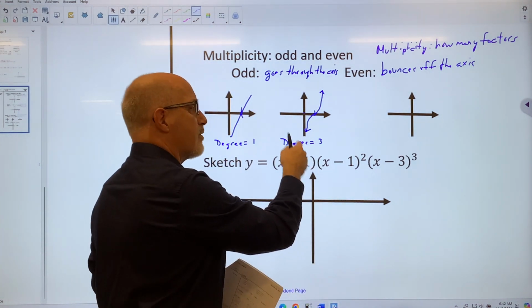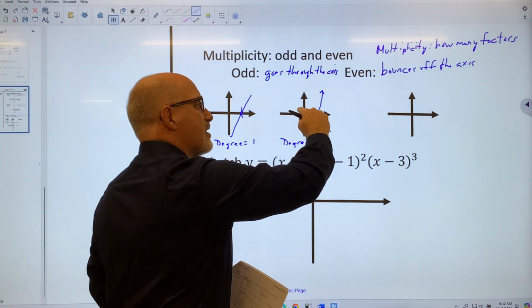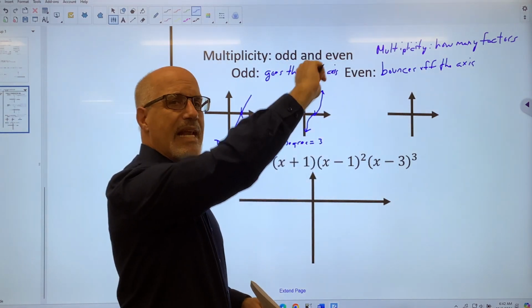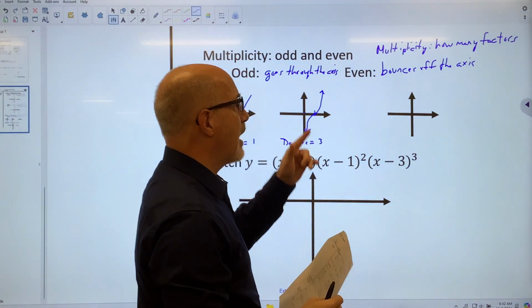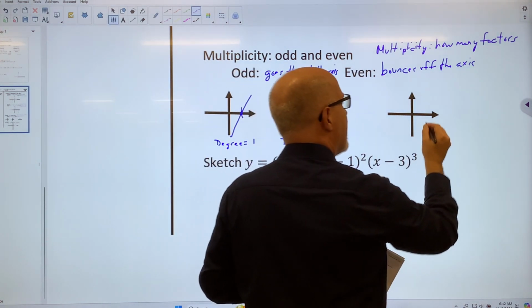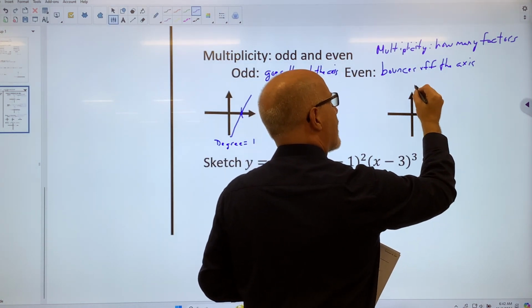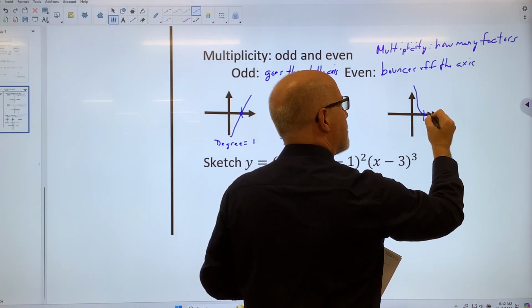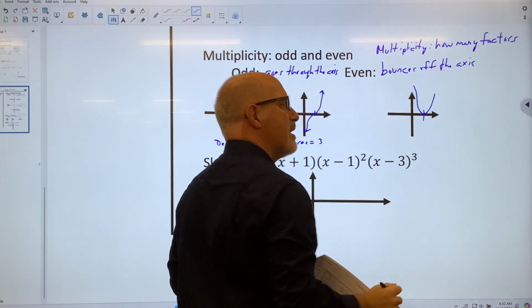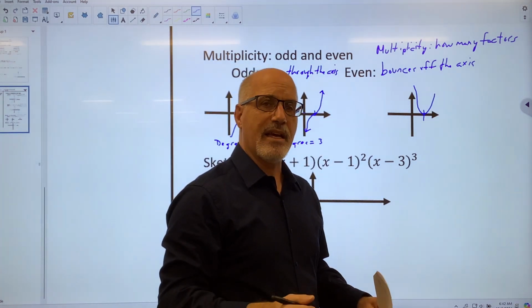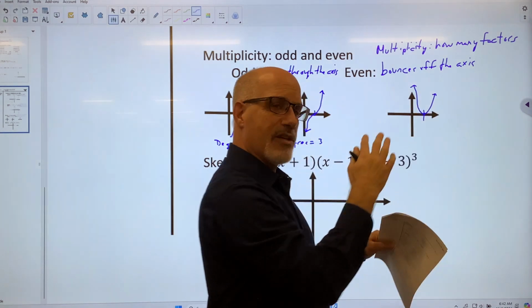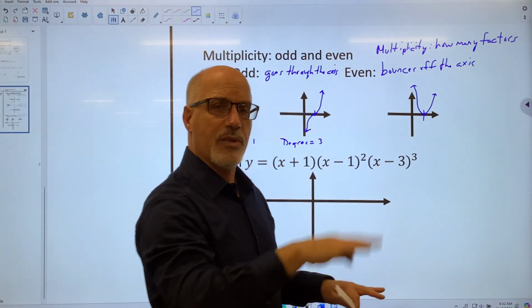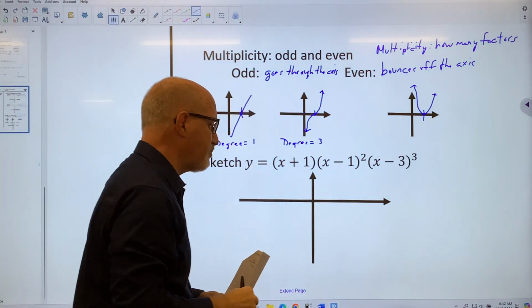So with a degree of 3, 5, or 7, an odd multiplicity, the curve goes in and out of that point. With even multiplicity, when you get to that number, it just bounces off the axis. The graph hits the axis, there's an intercept there, but it then bounces off instead.